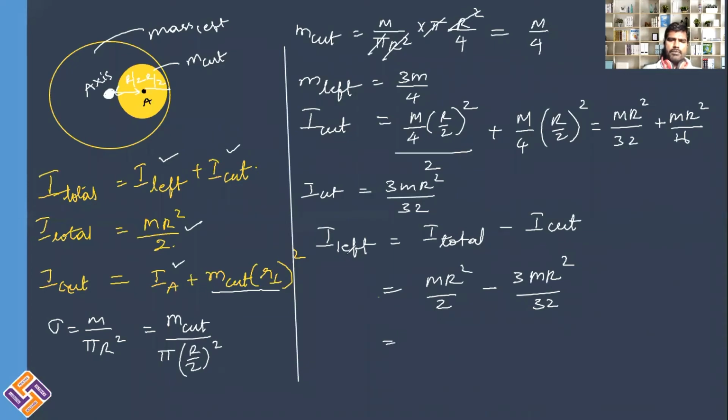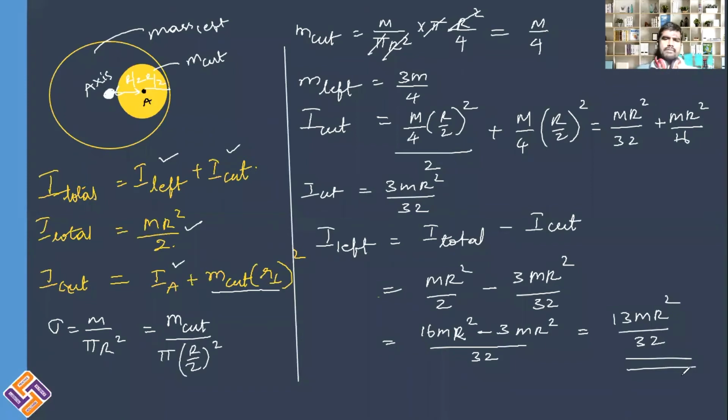So this is the moment of inertia of the left portion. Now you can write it as 16 mr square minus 3 mr square divided by 32, which is equal to 13 mr square divided by 32. This is the mass moment of inertia of the left portion.